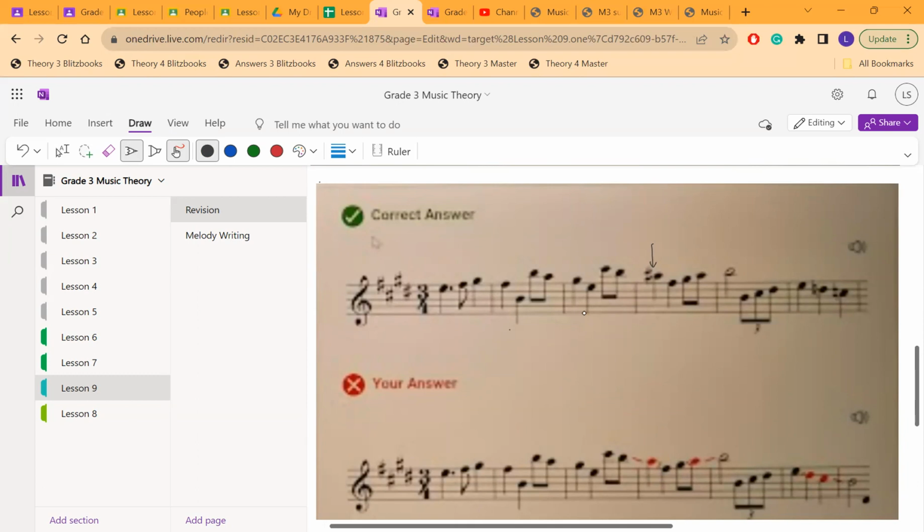Okay. No. For example, with transposition, it works like this. Say you have a melody in F major that you want to put into, say, E flat major, going down. By the way, you cannot transpose from major to minor. You have to do major to major and minor to minor.